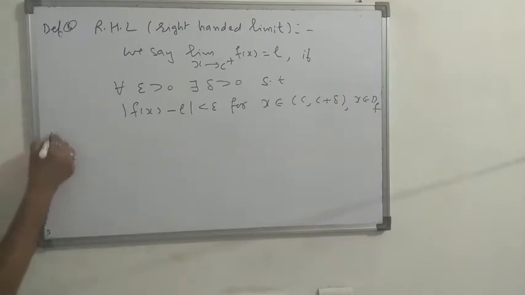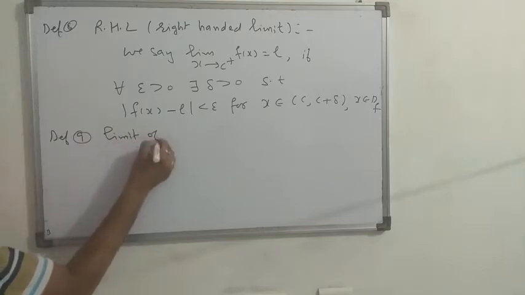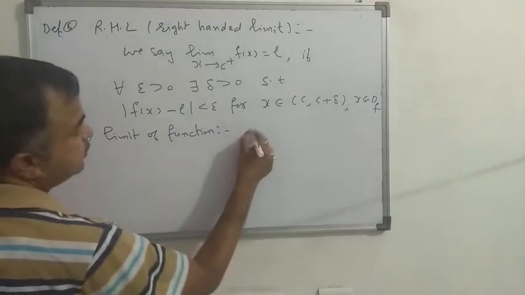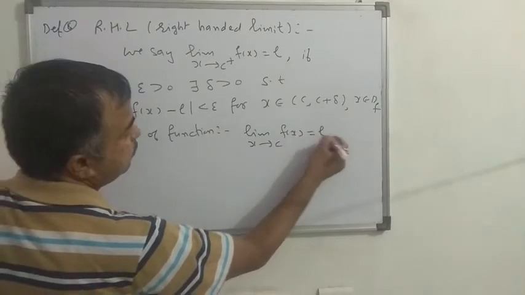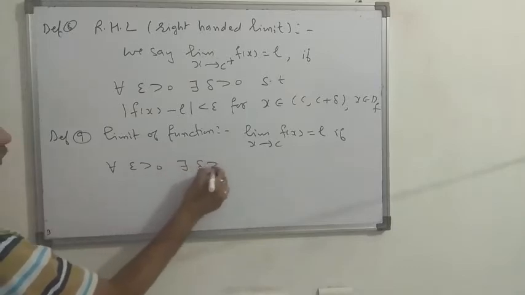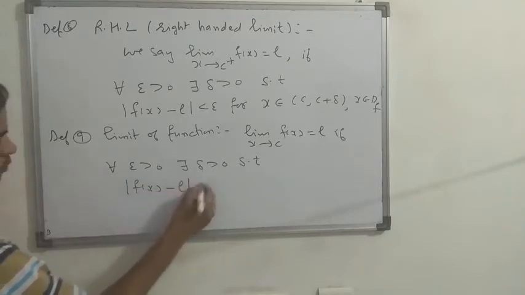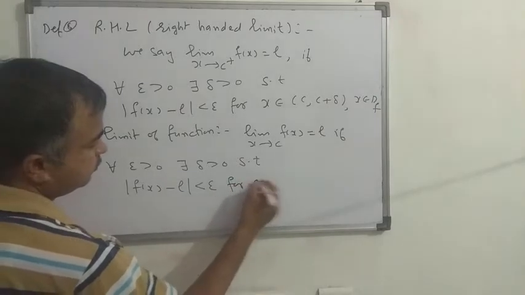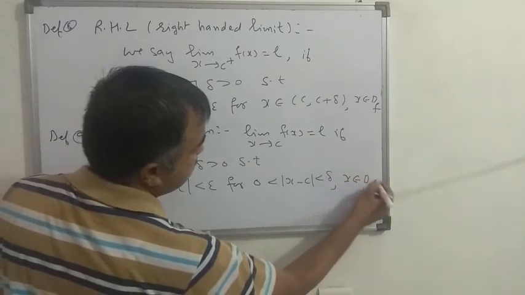Next, definition 9. Limit of a function. In this case, we say limit x tends to c of f(x) equals L if for every epsilon positive there exists delta positive such that modulus of f(x) minus L is less than epsilon for 0 less than modulus of x minus c less than delta, x belongs to the domain of f.